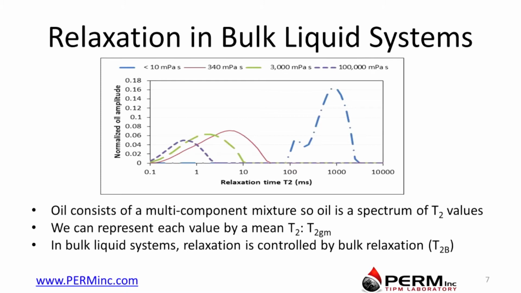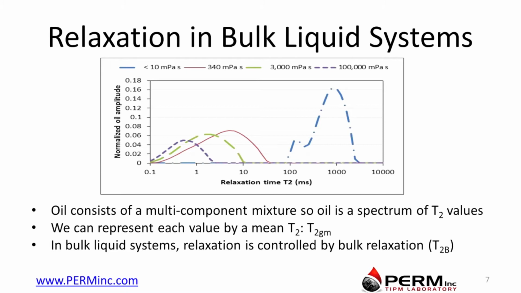And so when you have a low viscosity fluid like this blue dashed light oil here, the molecules are spaced far enough apart that they can move around for a while before they'll come into contact with each other. And when they finally do come into contact, this is when they give off their energy and they relax.